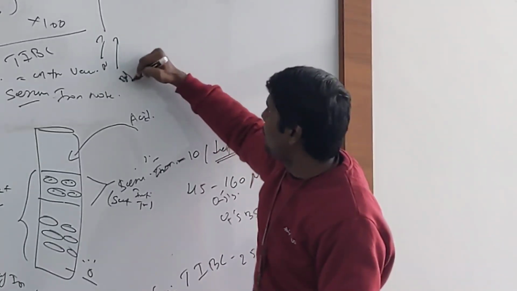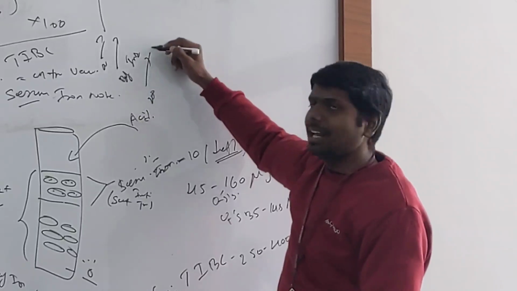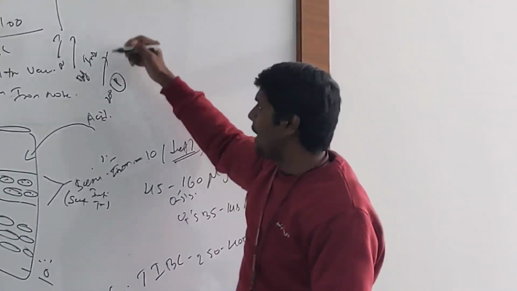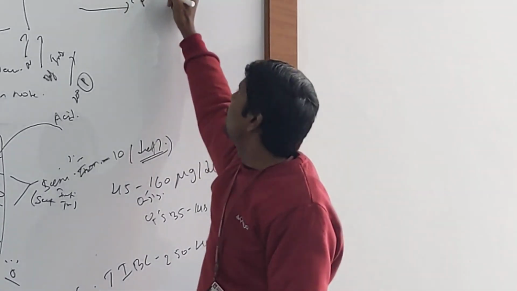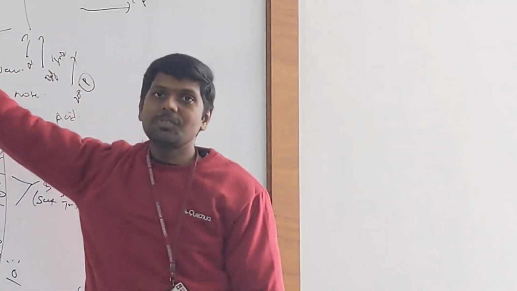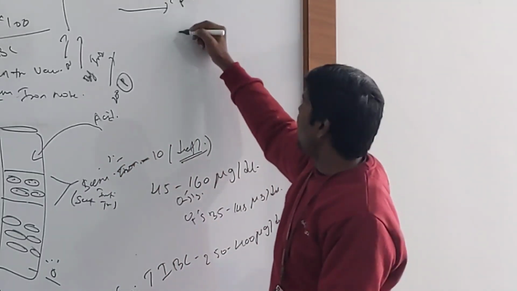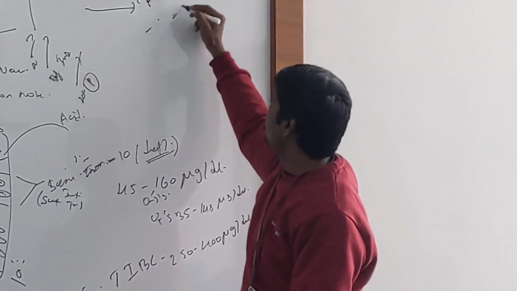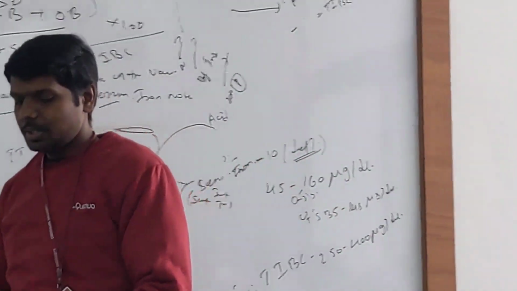Then I added a buffer, a known buffer, phosphate buffer, and I incubated it. Then I took the second value. Second value minus first value will give me the TIBC value, the total iron binding capacity test.